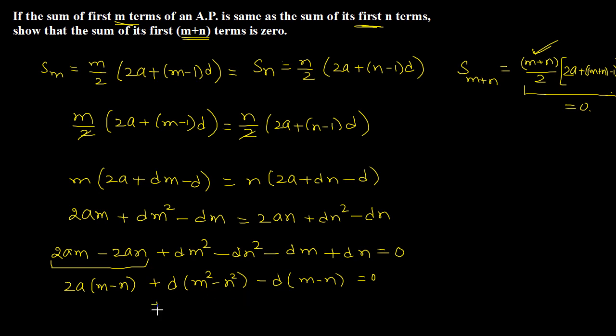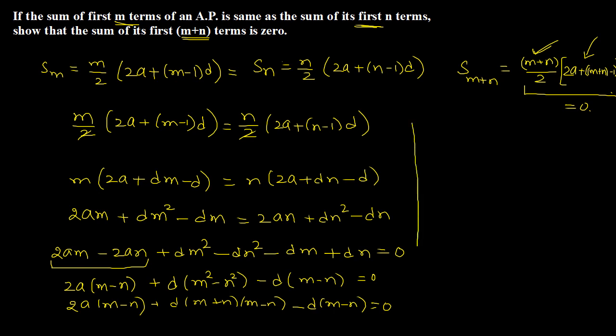This can be written as a square minus b square, which is going to be (m plus n) into (m minus n), and that is d (m minus n) equals 0, and that will be 2a (m minus n). We're trying to get m plus n somewhere, but I don't get m plus n anywhere here. So out of all this I can see m minus n is common.